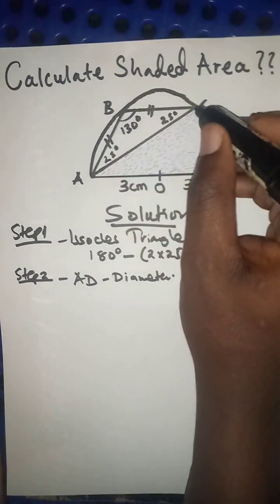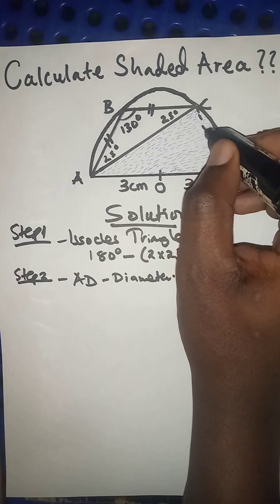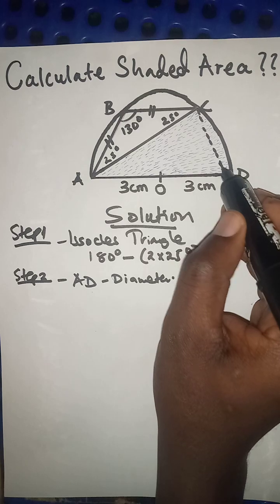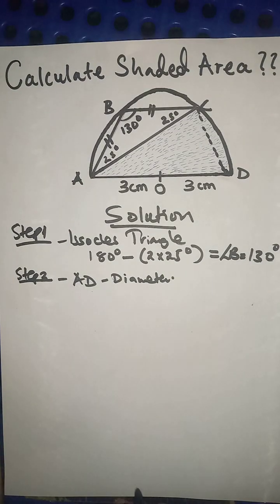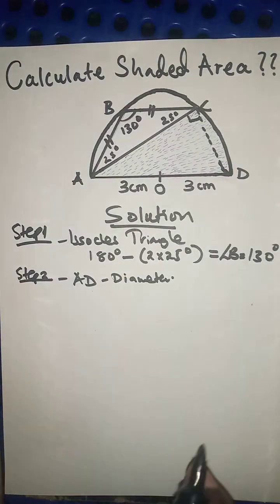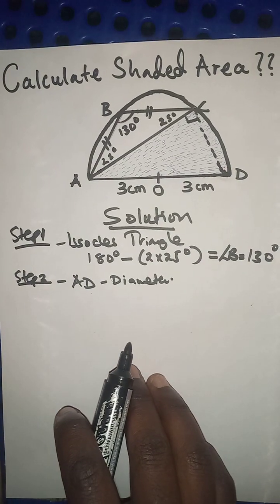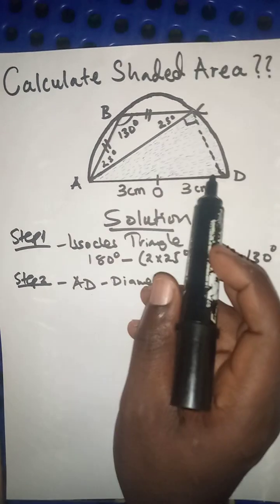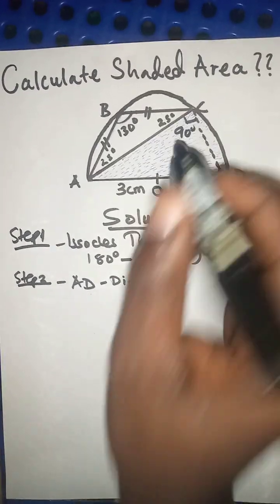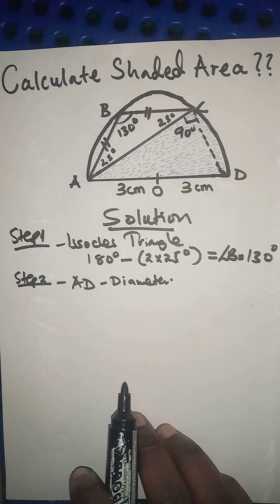So when I join C to D like that, it is easy to see that the diameter subtends a given angle of 90 degrees at the circumference.